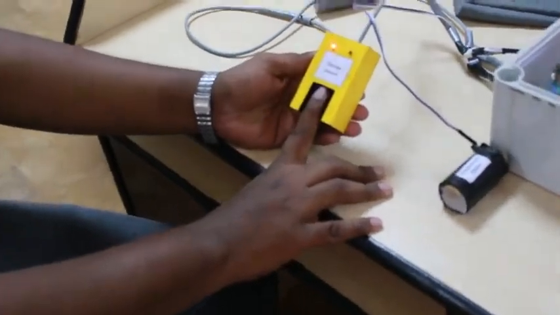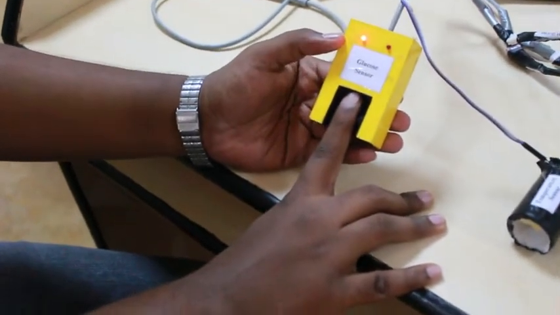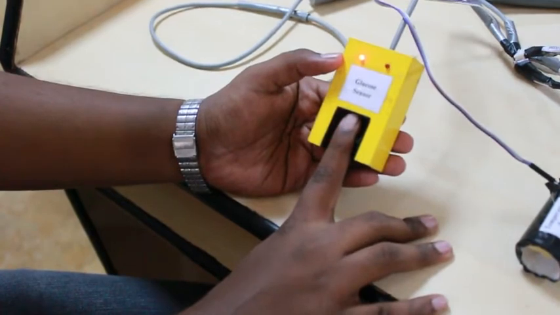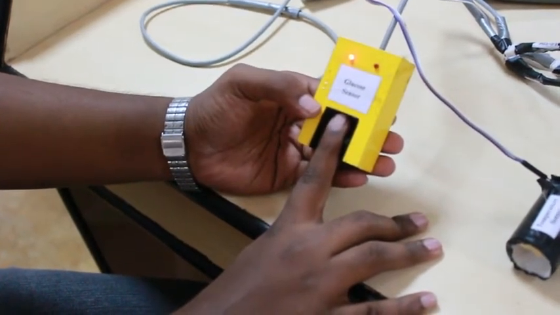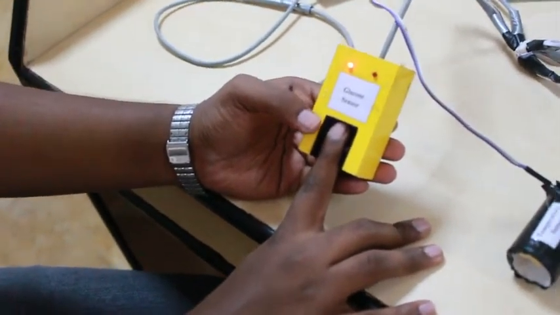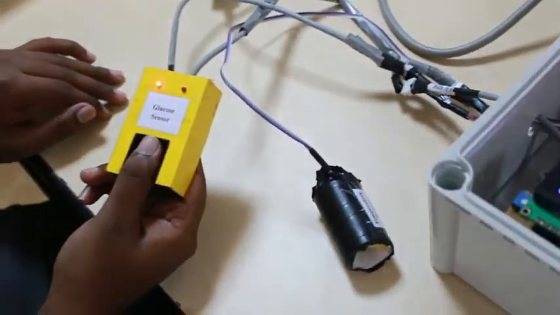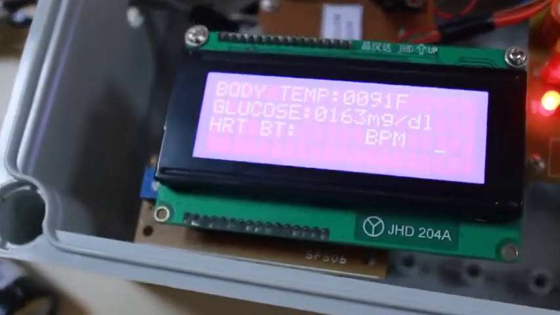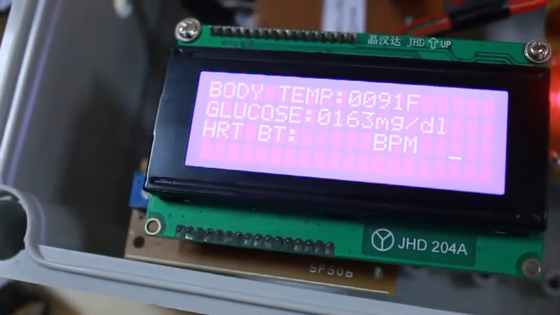The output voltage is amplified and filtered using a signal conditioning circuit and sent to the microcontroller for analog to digital conversion with 10-bit resolution. The digital data is scaled to glucose concentration in terms of mg per dl and finally displayed on an LCD.